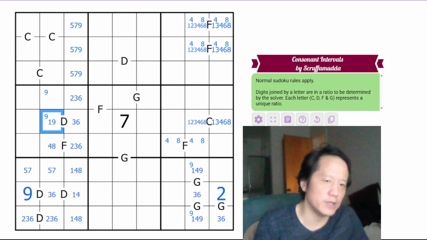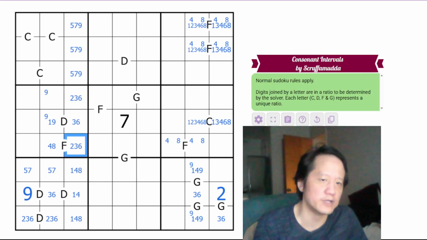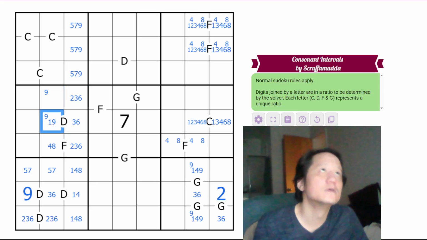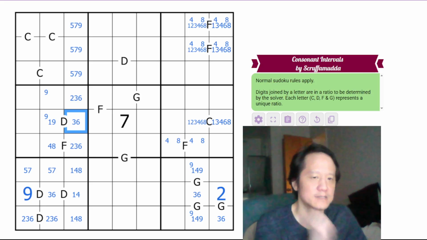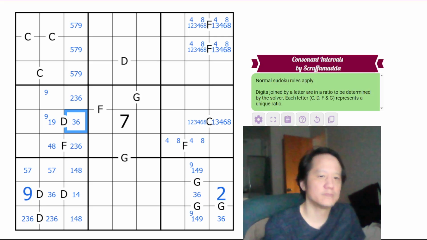If it's 2 to 3, 2 cannot be here because of the 2, 3, 6 triplet in the box. Or it could be 9 and 6. So this is 1 and 3 or 9 and 3, or it's 9 and 6. And we don't know what the difference is.